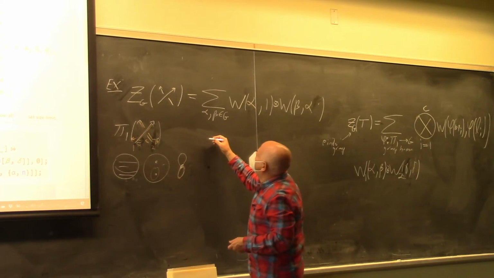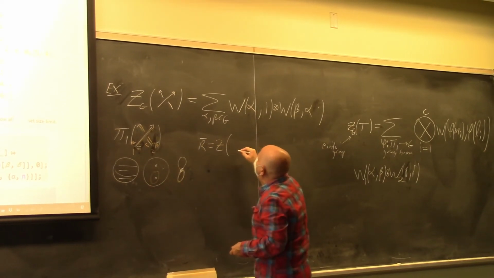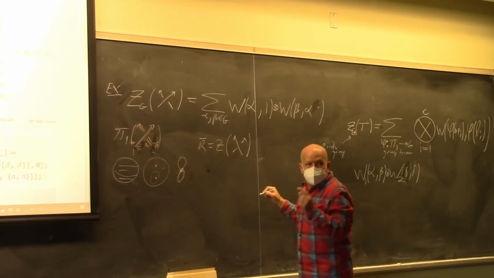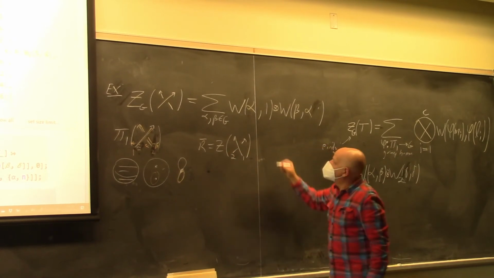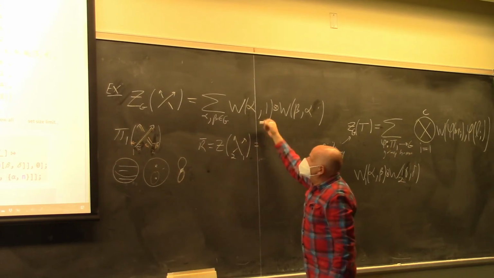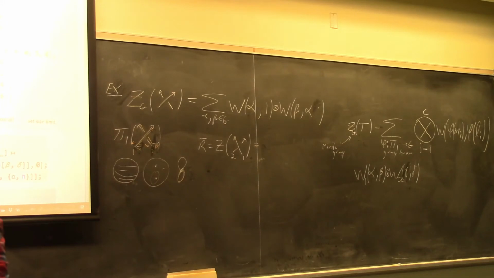And likewise, what is R bar? So R bar is Z of the opposite thing. But my convention is to number the upper strand number 1 and the lower strand number 2. So this becomes the same thing, but with alpha replaced by alpha inverse.